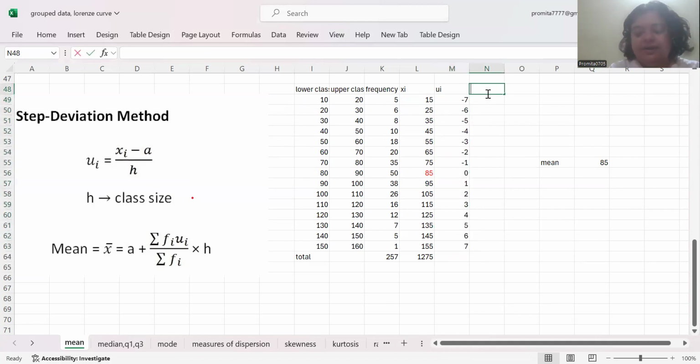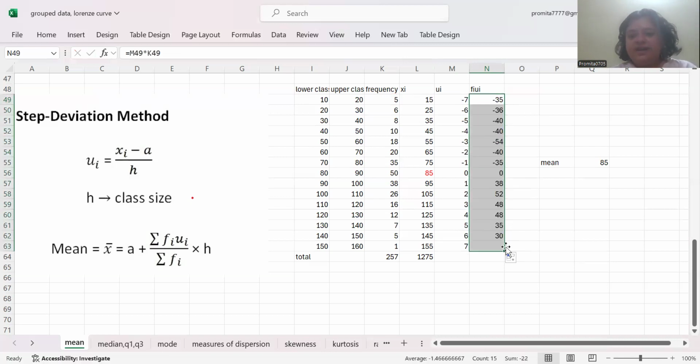Then we calculate fiui. So it's equal to this into the frequency of that particular class, and we drag and drop. Now we calculate the total.